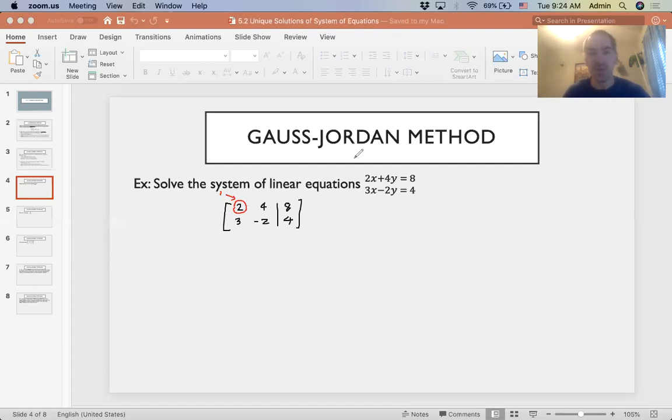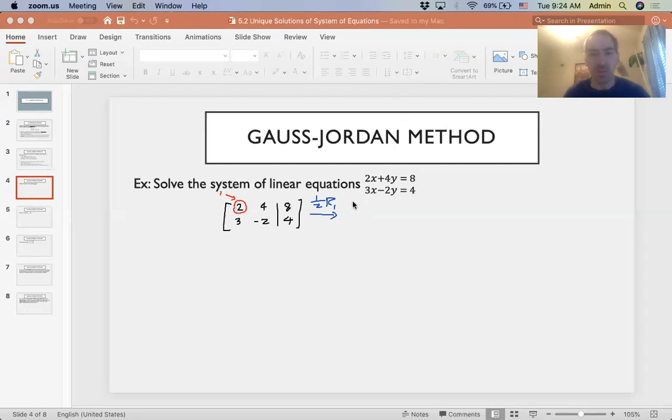And that's equivalent to dividing by that same number. So you could say, I'm going to divide everything in that first row by 2. In other words, we're going to multiply by 1/2. So I'm going to use this notation 1/2 times R1, where R1 is the first row.